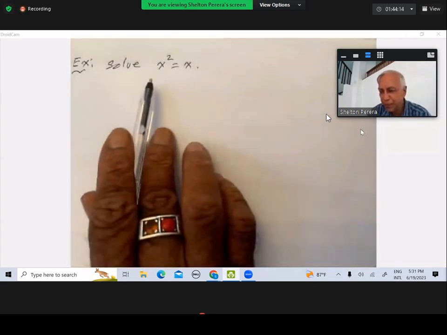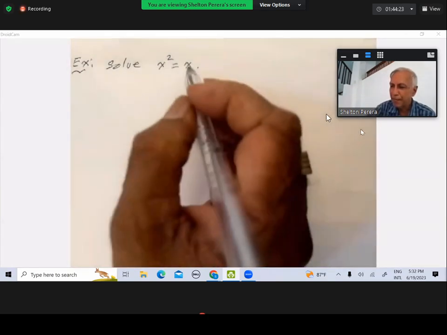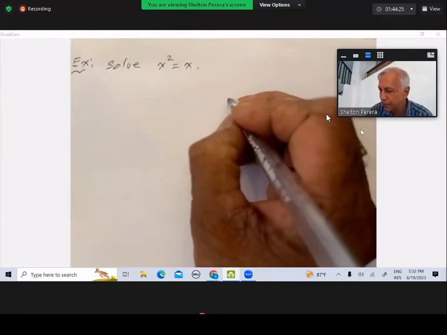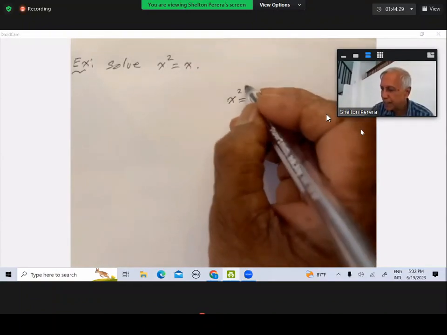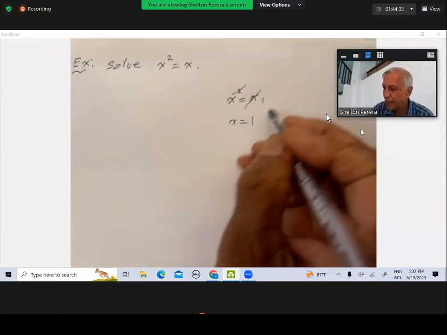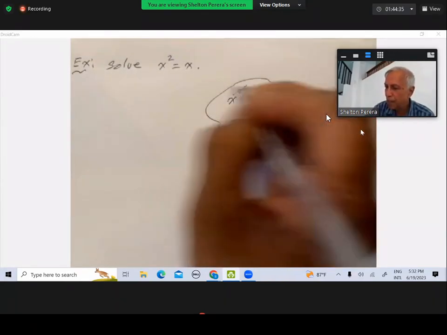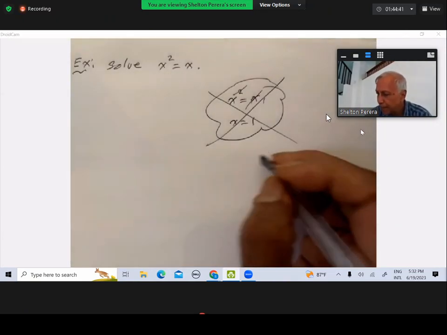So this should be solved not by dividing by x, but by the use of the factoring method. Don't do this: x squared equals x, so x equals 1. Why? Cannot divide by x.